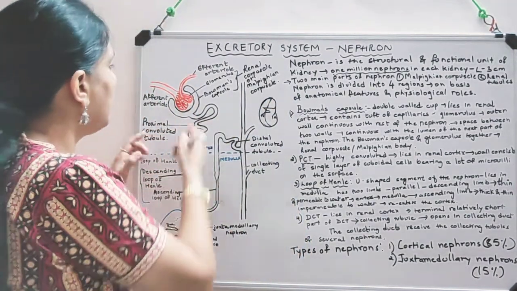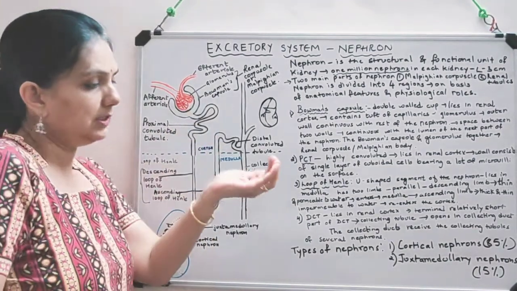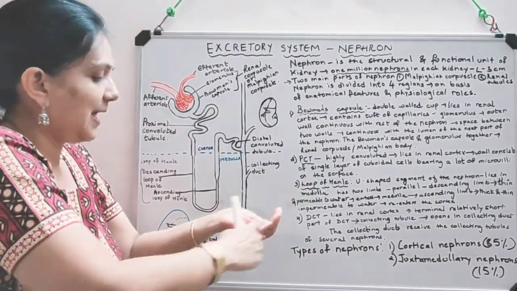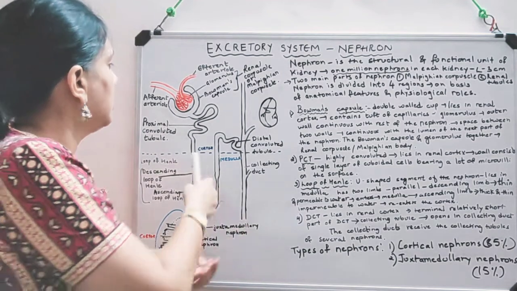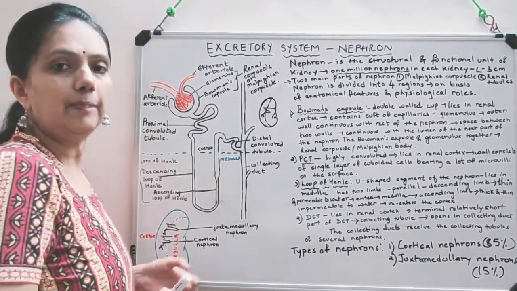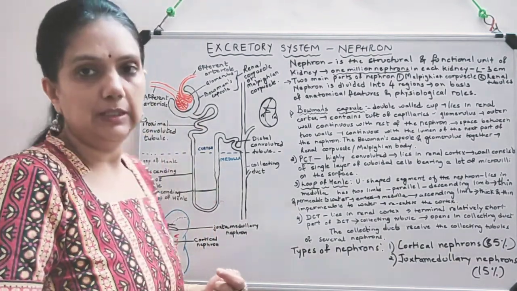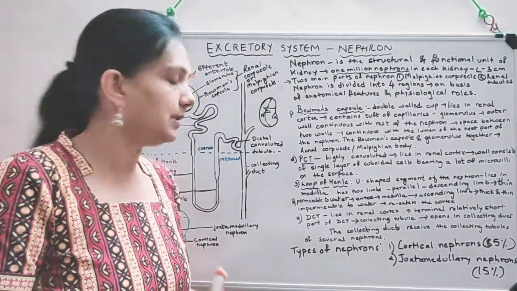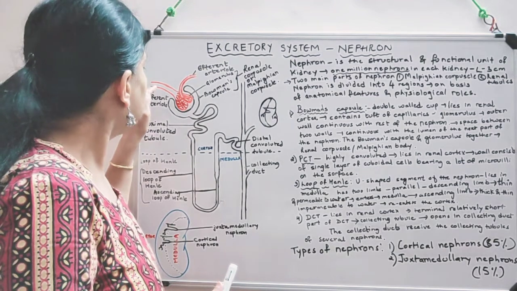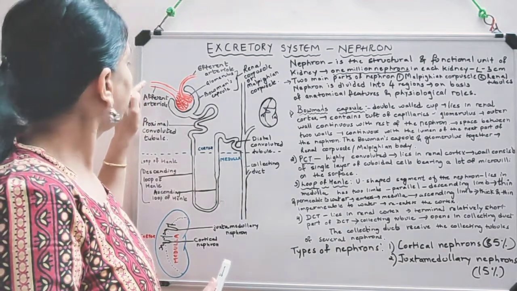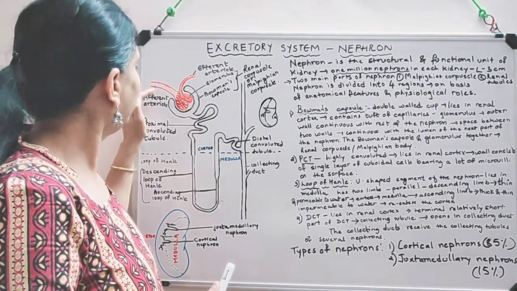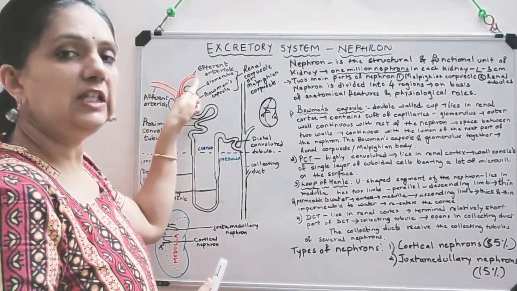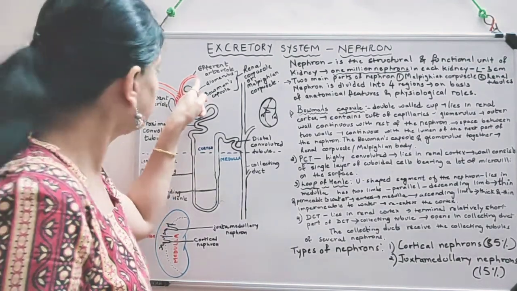Now this Bowman's capsule is a cup-shaped structure. It contains a tuft of capillaries. Tuft means a bunch of capillaries. Now these capillaries are formed by afferent arteriole and efferent arteriole.